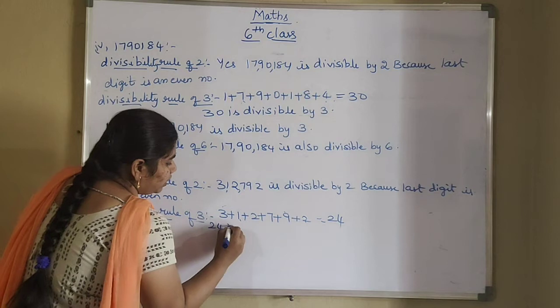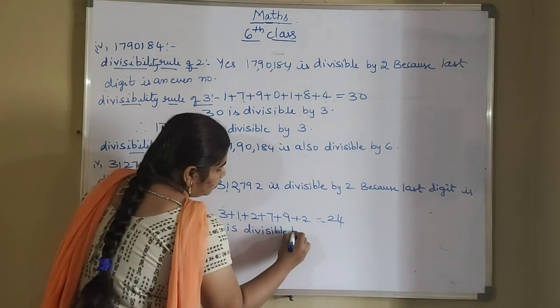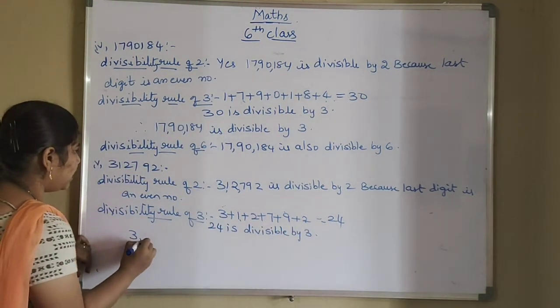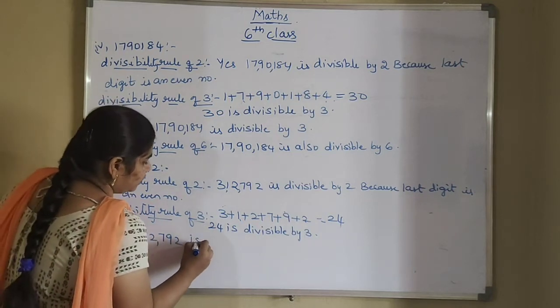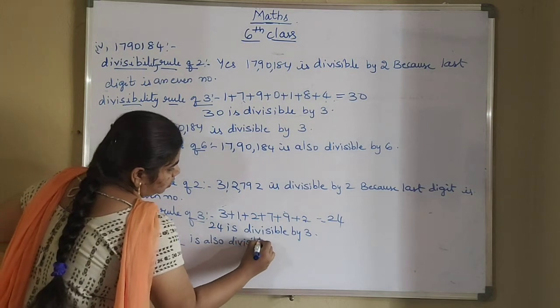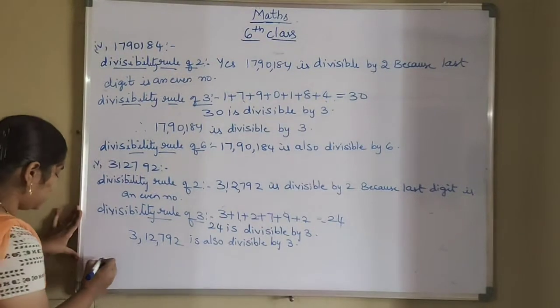So 24 is divisible by 3. So 3,12,792 is also divisible by 3. And divisibility rule of 6.